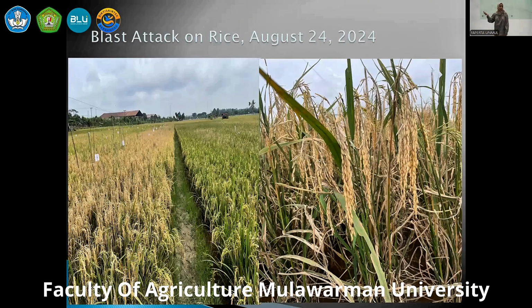The blast. This is a picture I took about two and a half months ago. Because of climate change, the climate in our place nowadays changes a lot. Sometimes in the morning it's really sunny, but in the middle of the day, very hot rain.